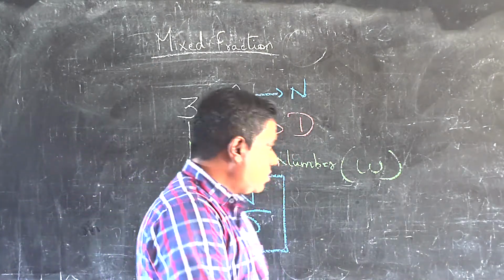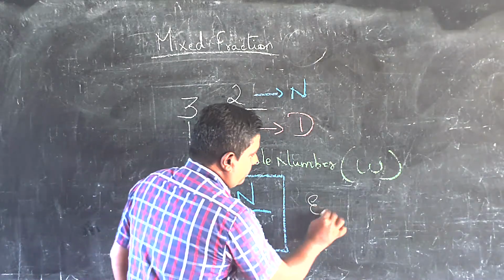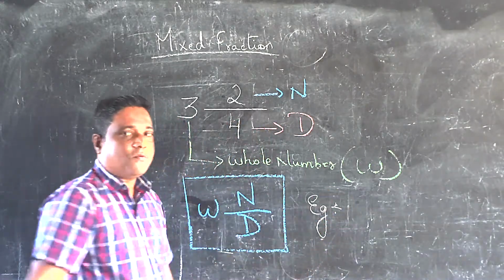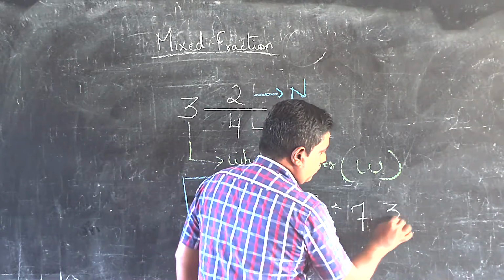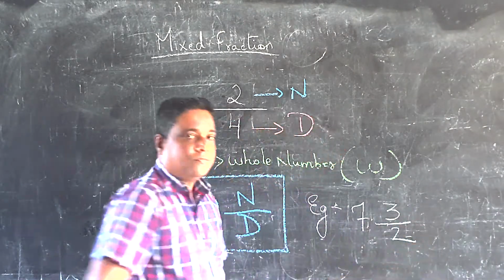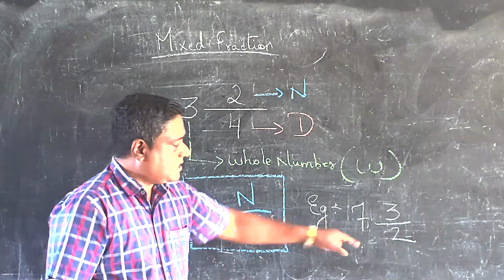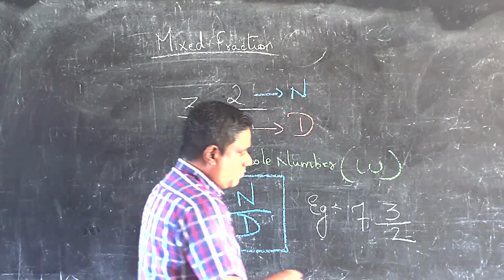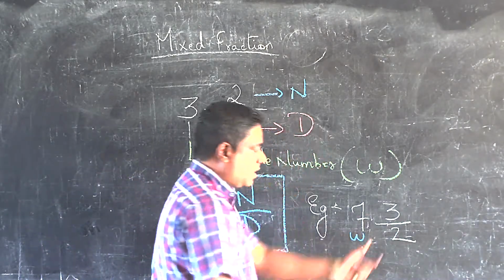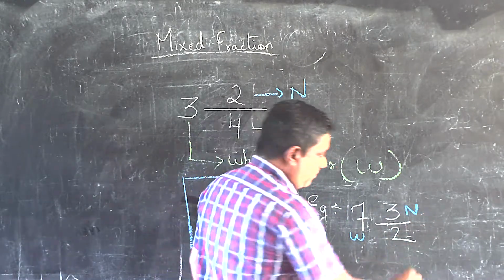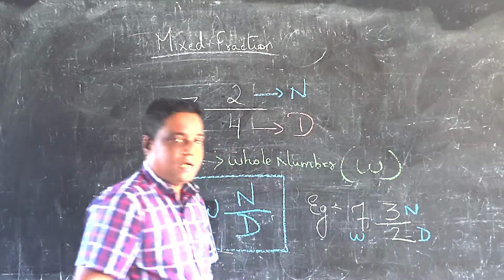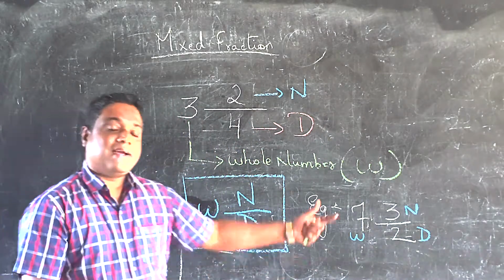An example of a mixed fraction: 7 represents the whole number, 3 represents the numerator, 2 represents the denominator. Understood, students? How to identify these fractions?